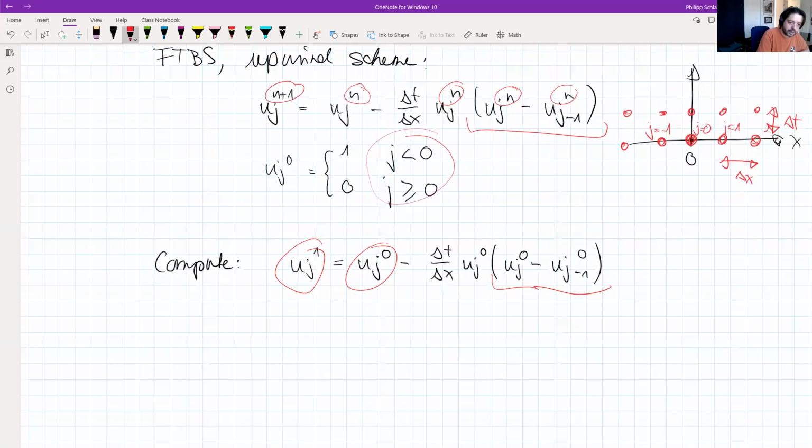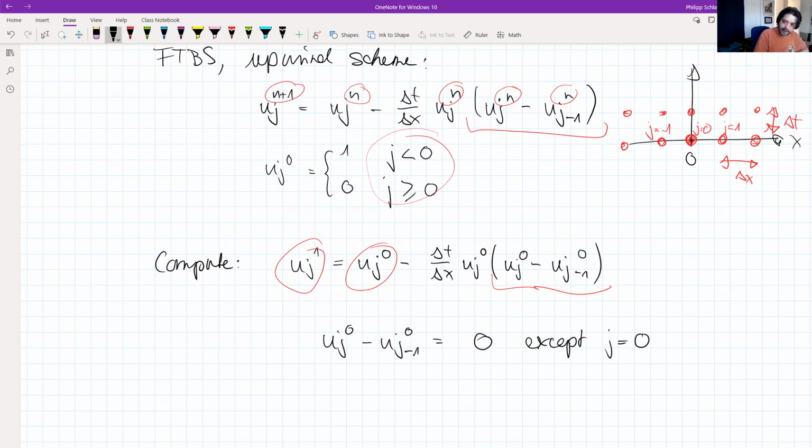And this difference is actually 0 for all points except where j is 0, because only then Uj0 is 0 and Uj minus 1 is 1. So only there I have a difference.